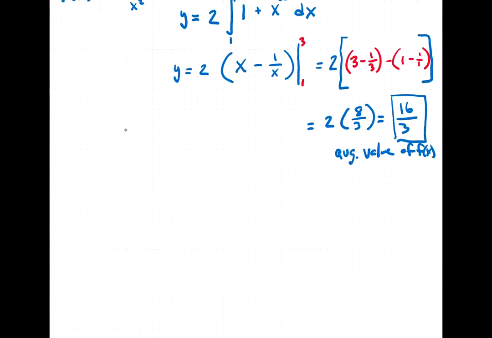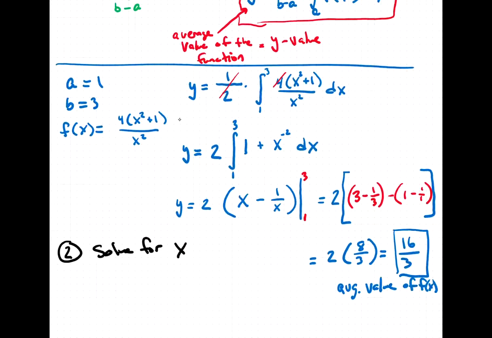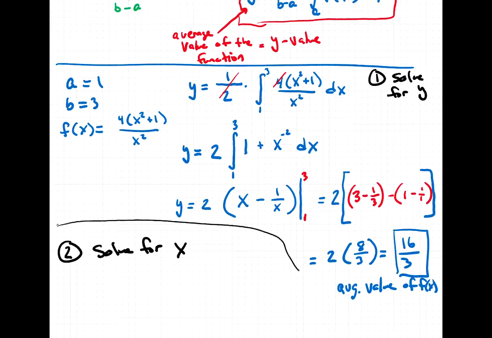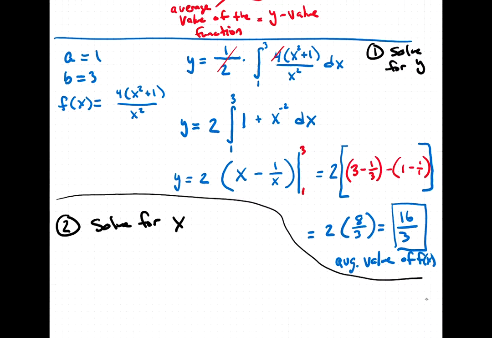All right, so if we know the y value, now we could solve for the x value. So now step 2, solve for x. So step 1 was solve for y. Solve for y, which we did up here. And now step 2, solve for x.